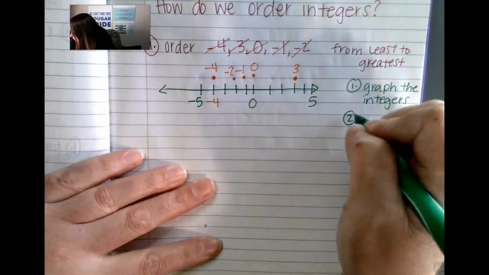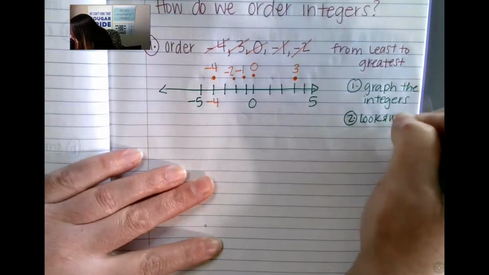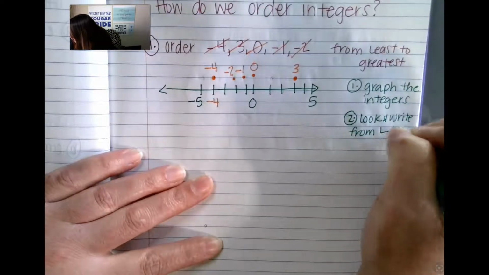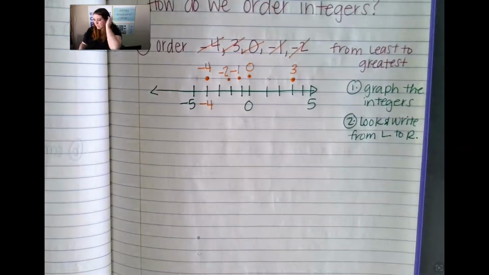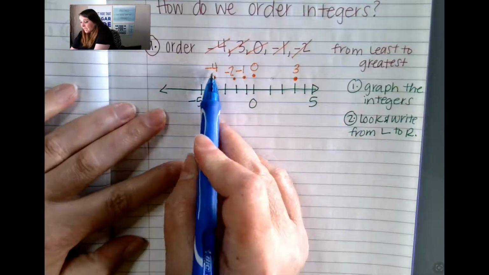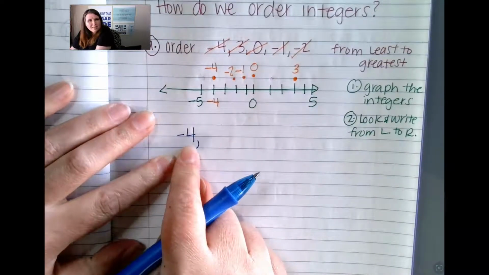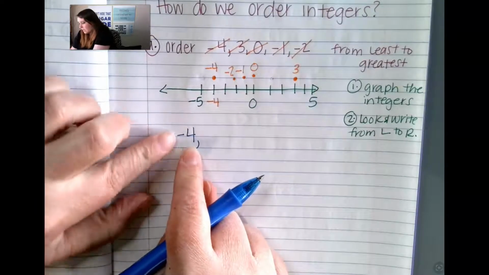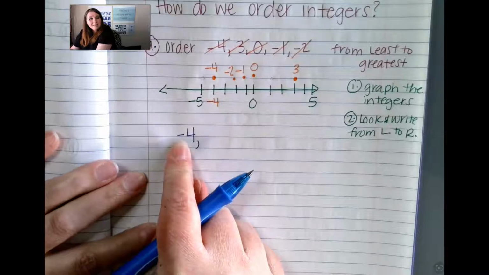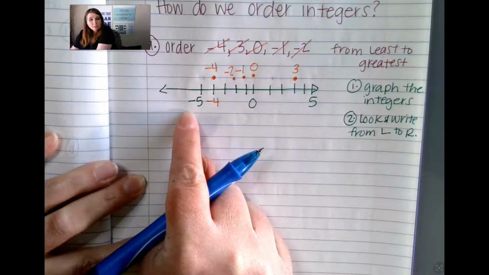So now that I've graphed all of these, our job is to look from the left to the right. So step 2, look and write from left to right. All right, so the very first integer that I have is -4. It seems weird that this one would be first or be the smallest because of that 4. But because it has a negative sign in it, it means that it is farther from 0 on the left.